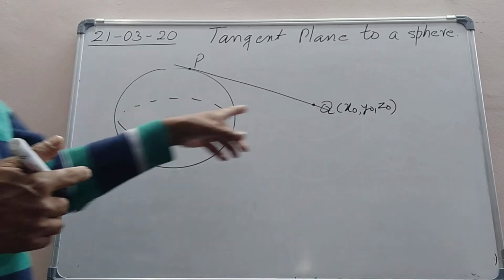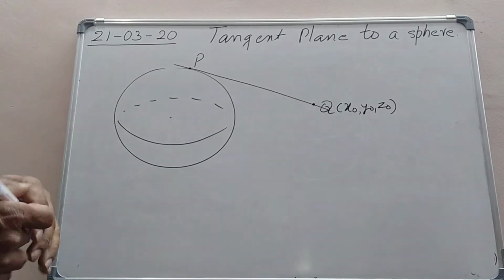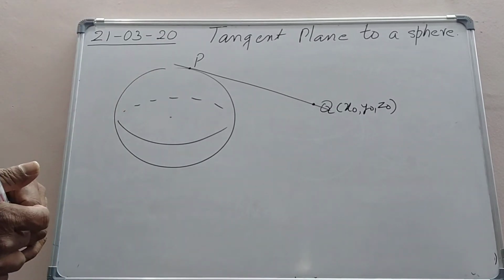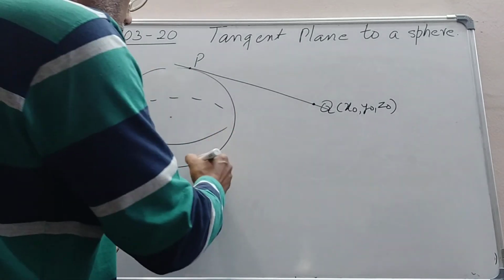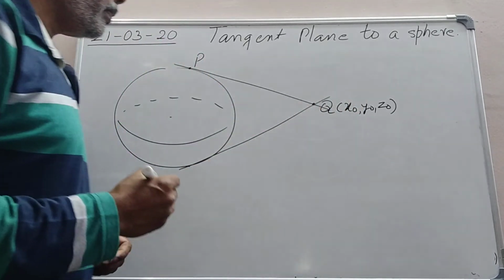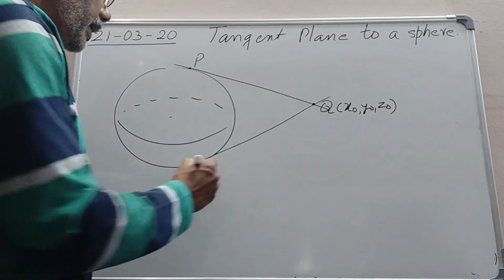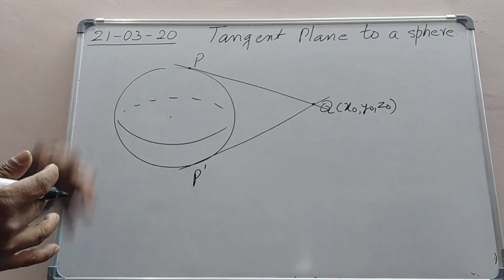Now, if you just look at this diagram and imagine what's happening, this is not the only tangent line. There are so many tangent lines through this point Q. There's another one, P dash. So there are infinitely many tangent lines.